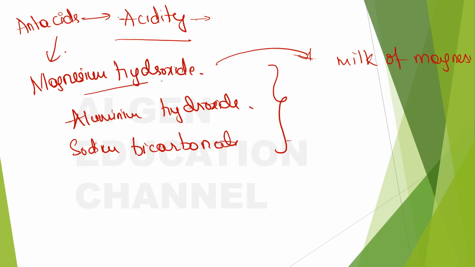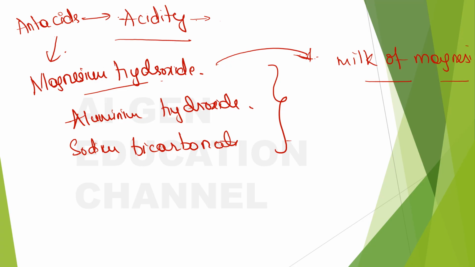Magnesium hydroxide will be the active compound in the antacid, but can it be taken directly? No, it has to be processed a bit so that it becomes edible, or can be consumed by people like a medicine. So it is called milk of magnesia.